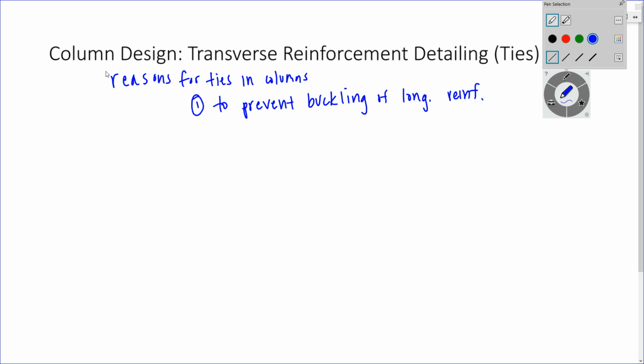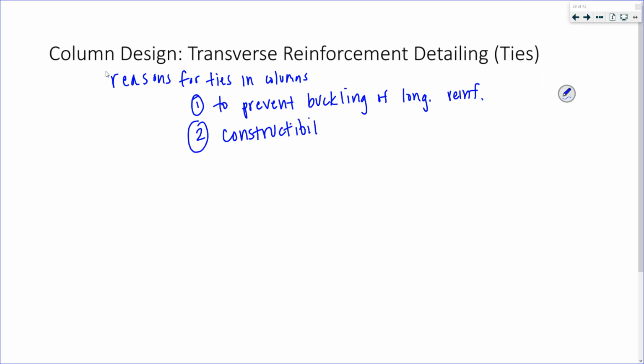Other reasons for ties are constructability. Right, so they're not just flapping out there in the breeze. Kind of strengthens, stiffens our reinforcement in general. It does provide ductility.